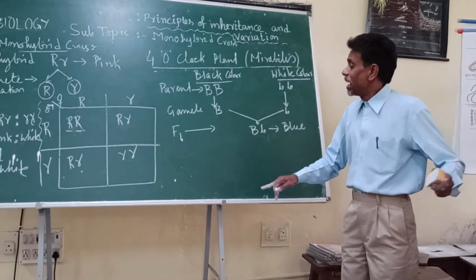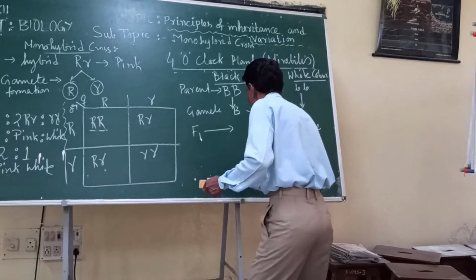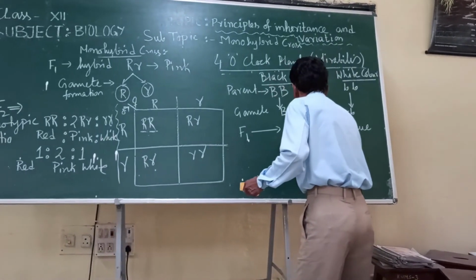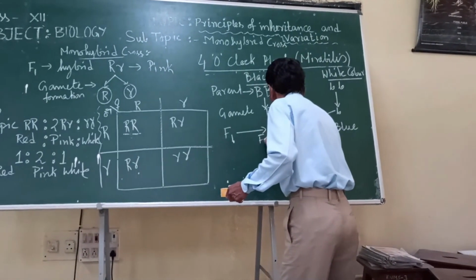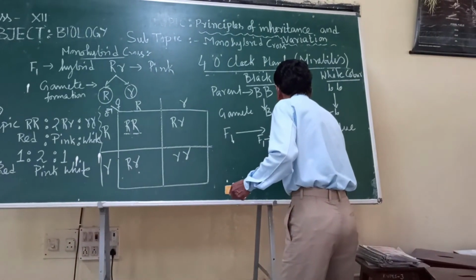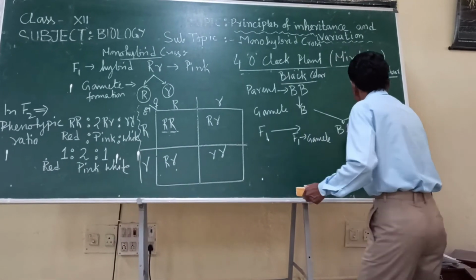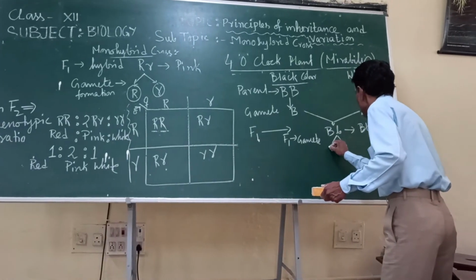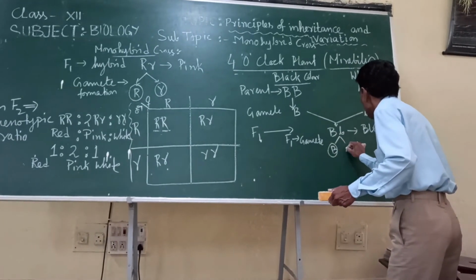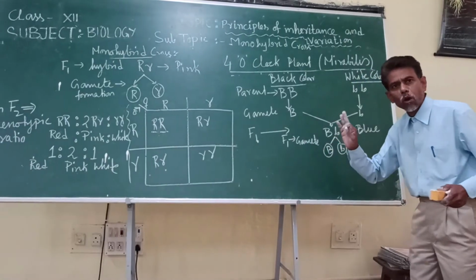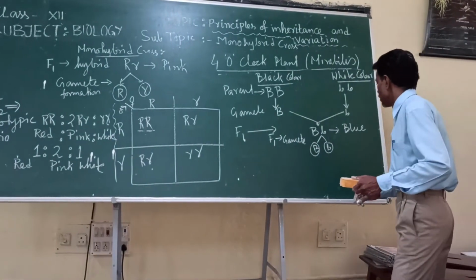Is that clear? Now, when this F1 progeny underwent gamete formation, F1 gametes, it produced capital B, small b, as per the same law of segregation of Mendel.